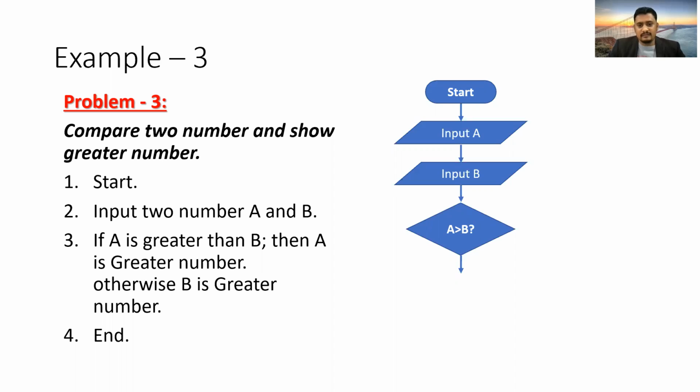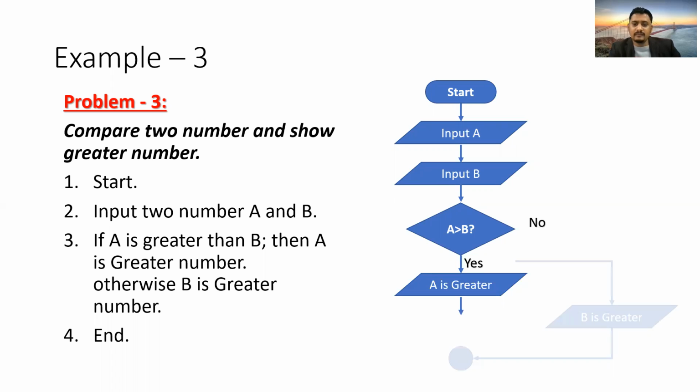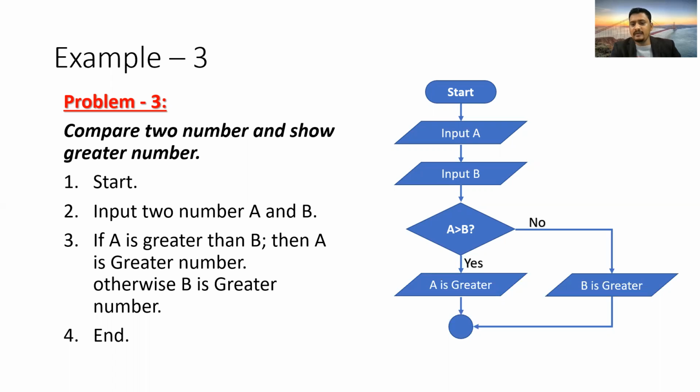It will take a decision. Is A greater than B? If yes, then it will show us A is greater. And if no, then what will happen? It will show us B is greater.